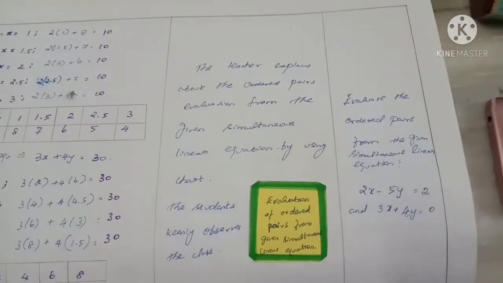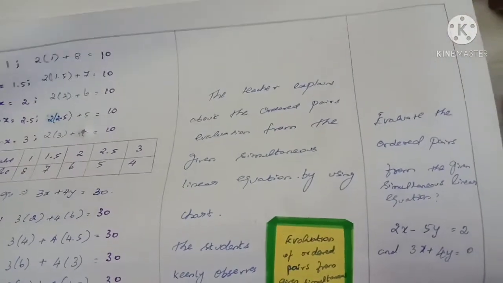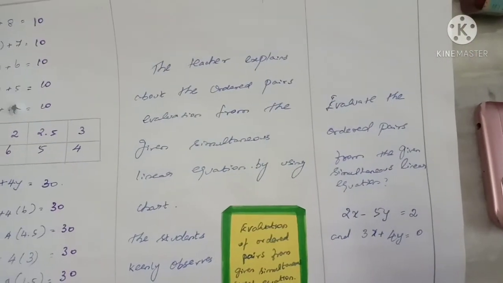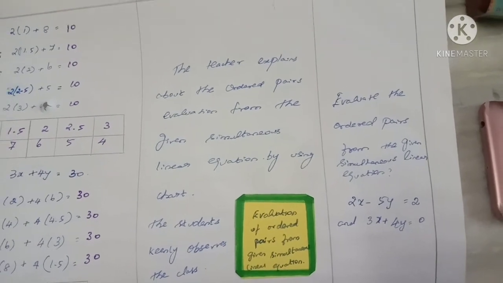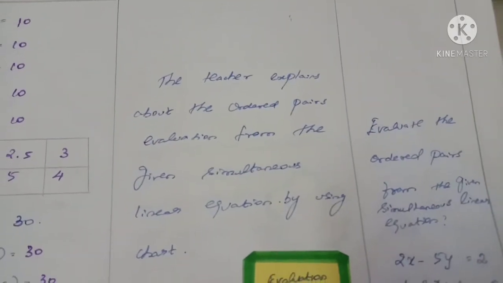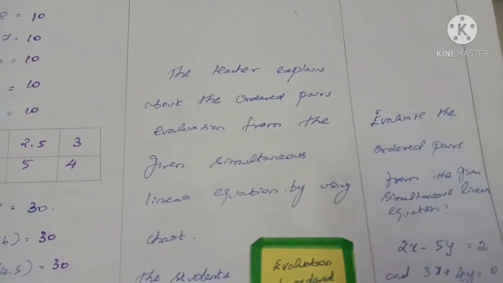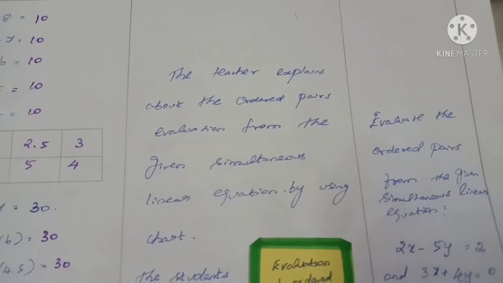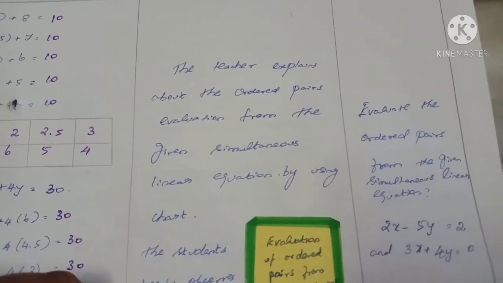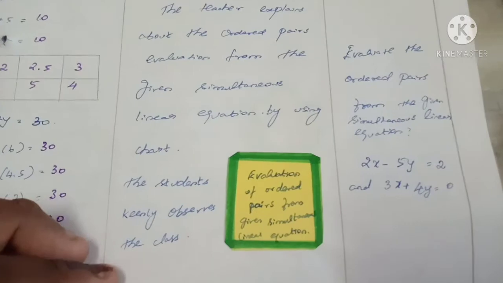Next, in the third box, the teacher explains about the ordered pairs. I will show you in the close-up shot. The teacher explains the ordered pair evaluation from the given simultaneous linear equations by using a chart. Then we have to paste a chart inside.